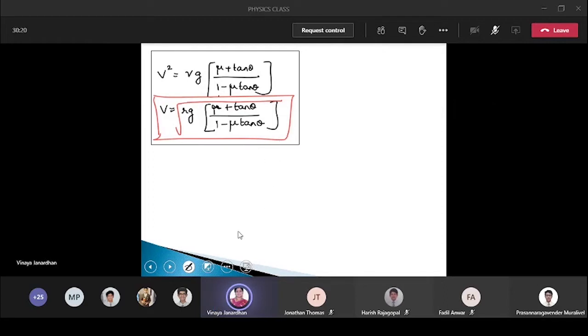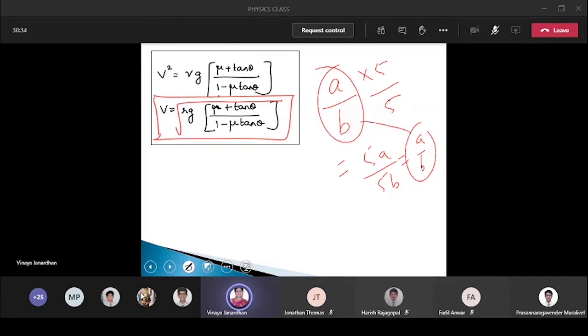See, A by B, I'll multiply by 5 and 5. 5A by 5B, what does it give? It gives the same expression. Whether you multiply or divide the numerator and denominator by the same number, your expression will never change. It will still be A by B. Is that clear? Yes, ma'am. Got it.